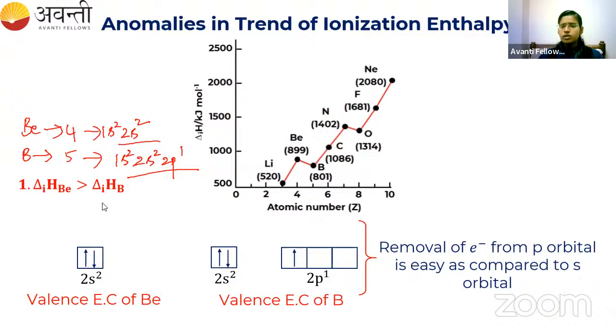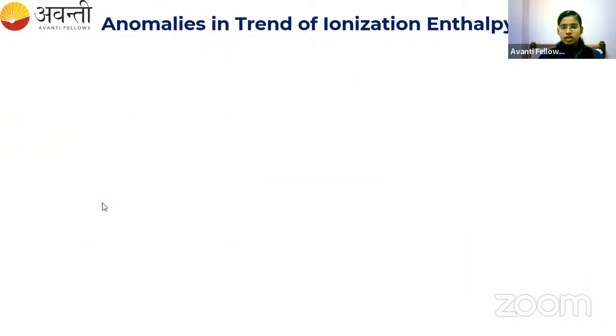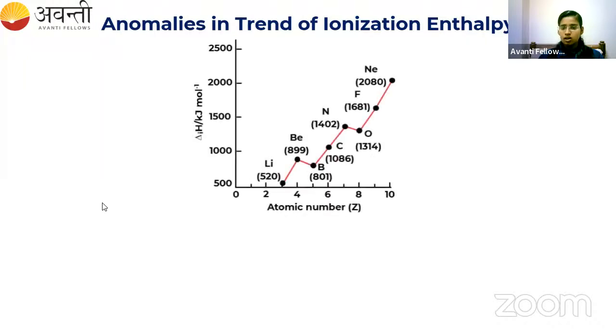All of you try to give your answer in the chat box, okay? You don't have to get scared. I already told you, you don't have to get scared. Just try to interact in the class. It will be very good in the classroom if all of you are interacting. Yeah, I'll go for the second anomaly.